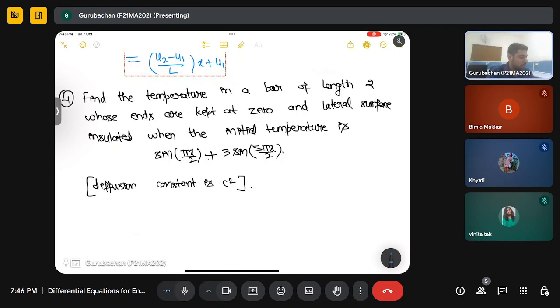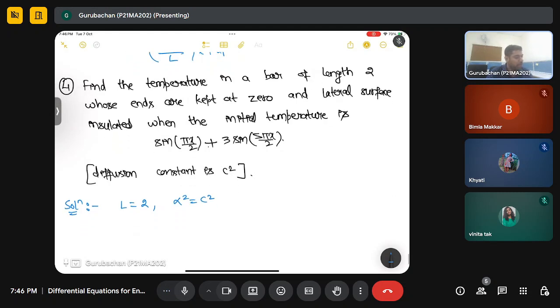So let us start discussing this one. If you observe here, you are given a bar of length 2. That means the value of L is 2 and your diffusion constant alpha square is nothing but c square. And we are told that both the ends are kept at 0, so u0t is 0 equal to u2t.